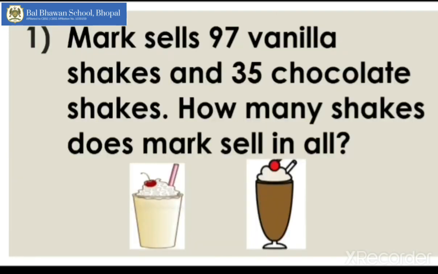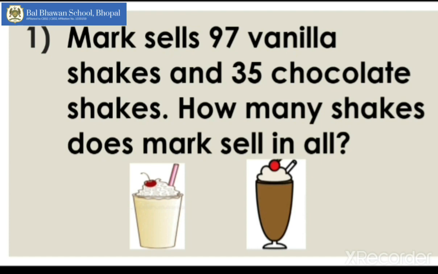Here ma'am has written one question, so we will read it together. Mark sells 97 vanilla shakes and 35 chocolate shakes. How many shakes does Mark sell in all? Okay, children. So, ma'am has read the question. At the last, it is given in all.